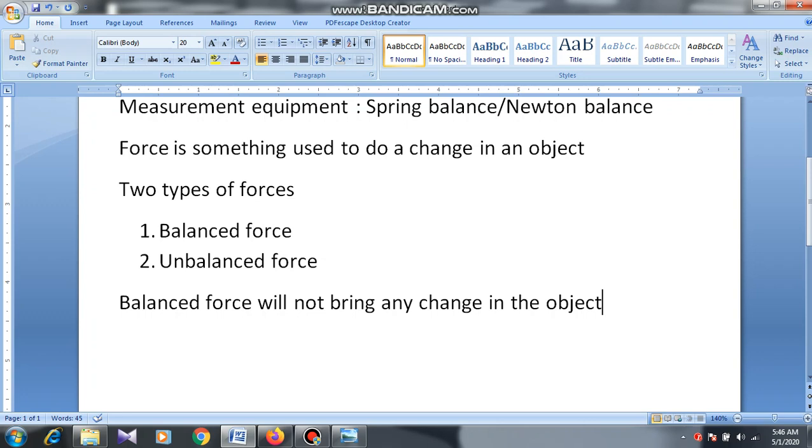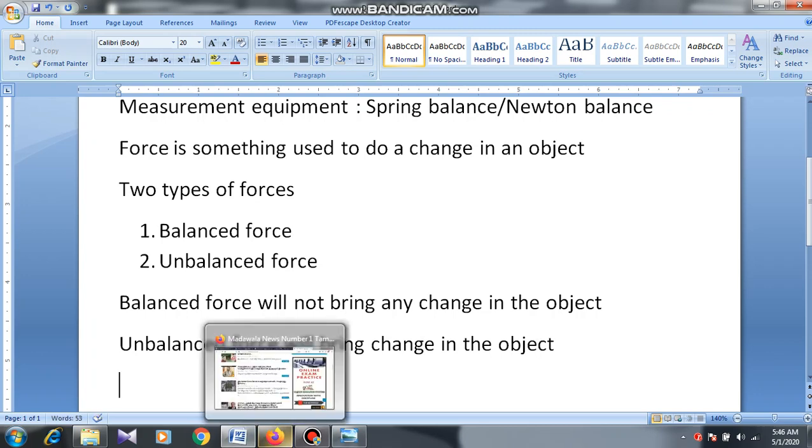Then it is bringing a change in the object. Then who can bring the change in the object? Unbalanced force can bring a change in the object.